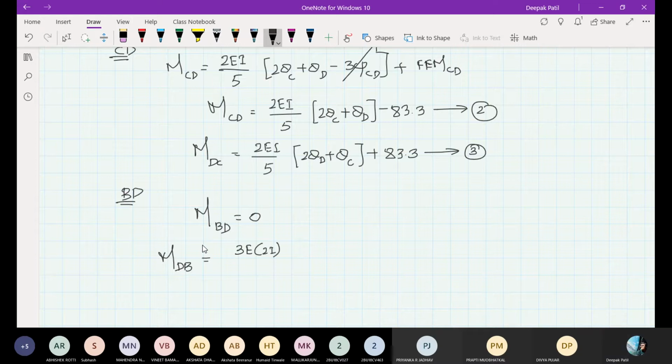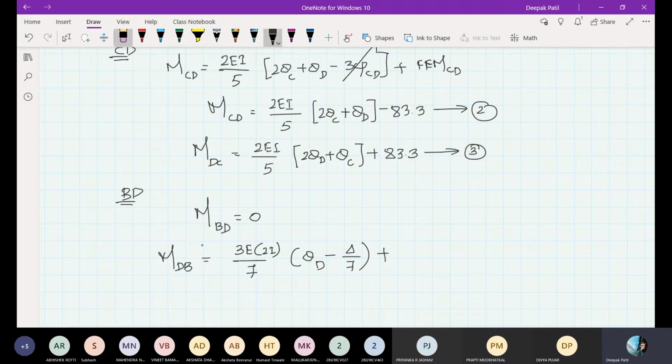3E times 2I divided by span, that is 7, into theta D minus delta by 7, that is psi DB, plus fixed end moment DB minus fixed end moment BD divided by 2.